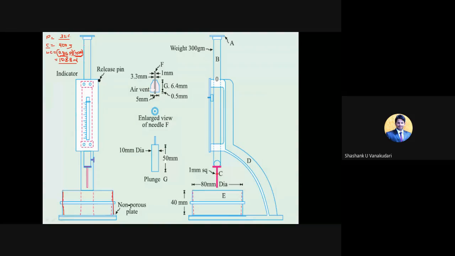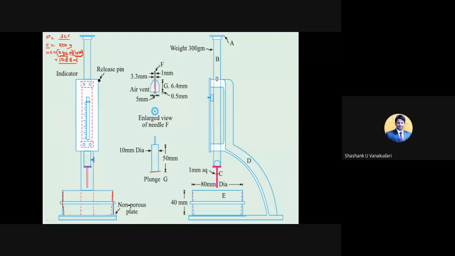Now in this Vicat apparatus, instead of the plunger, we have used the needles. That needle dimension is 1 mm diameter and 50 mm length. So what's the difference between the plunger and the needle with respect to the operation? With the plunger, it is going to resist within the cement paste, which won't penetrate so easily.